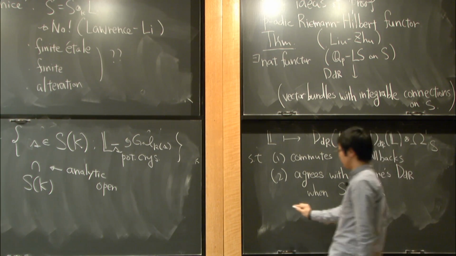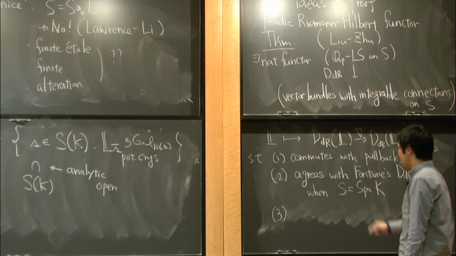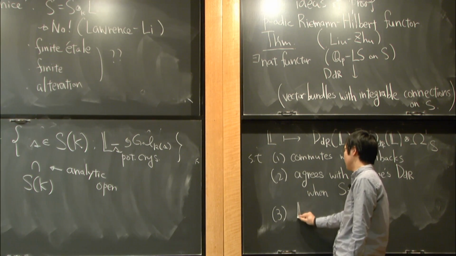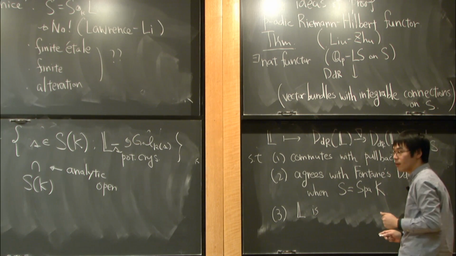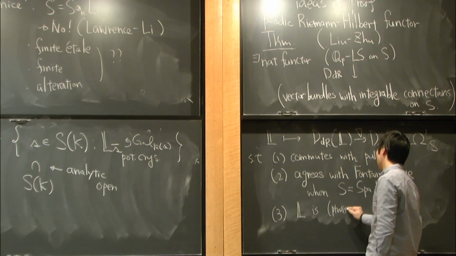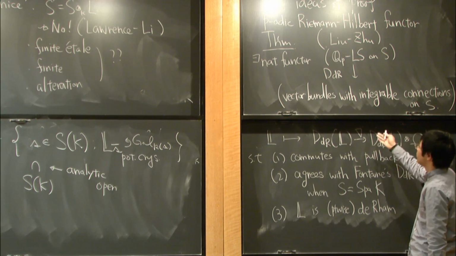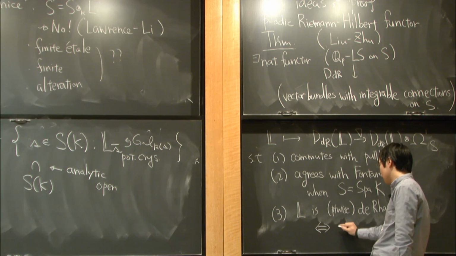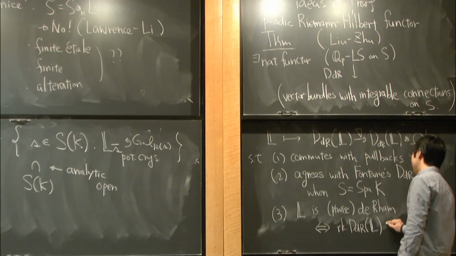And then thirdly, essentially a consequence of those first two properties, L is pointwise de Rham, or de Rham in the sense of Scholze, if and only if this vector bundle has maximum rank, namely the rank of this vector bundle is the same as the rank of the initial local system.